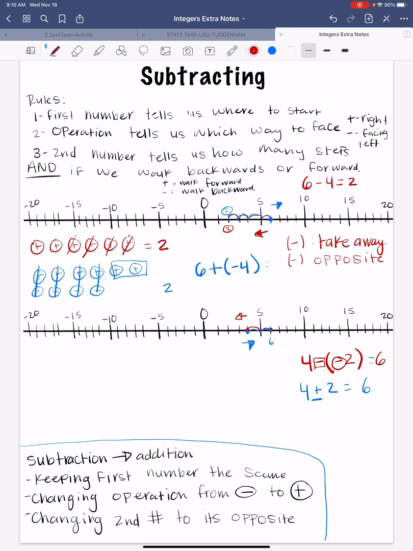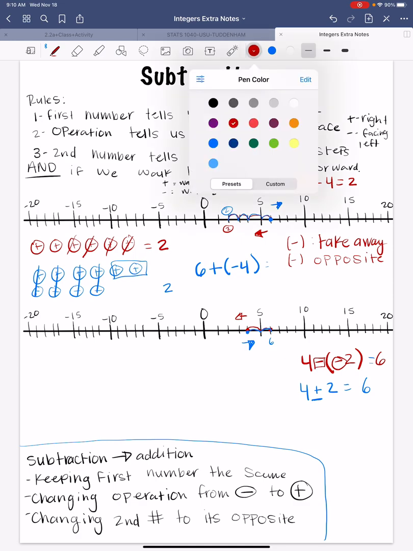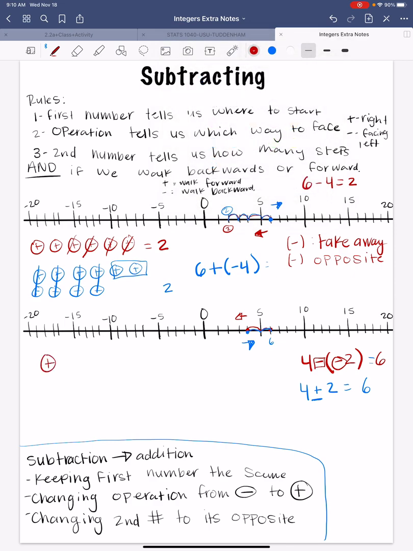If we model with subtraction, we're going to have 4 positives. There's 4 positives right there, and it wants us to take away 2 negatives, but I don't have any negatives.